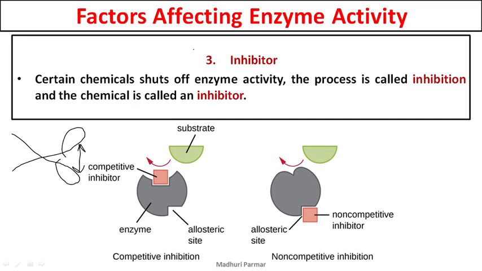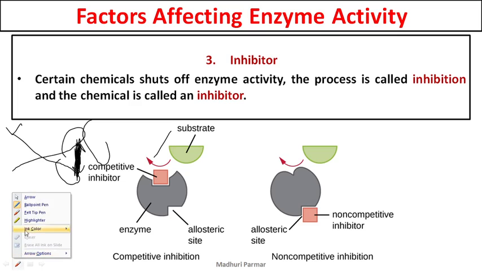Then will it be able to cut anything? Let us say I have fixed this position, so the scissor will not be able to cut anything, right? In the same way, this site will be known as the allosteric site.